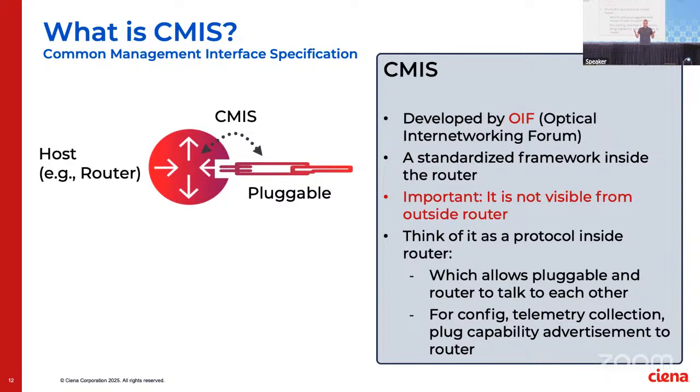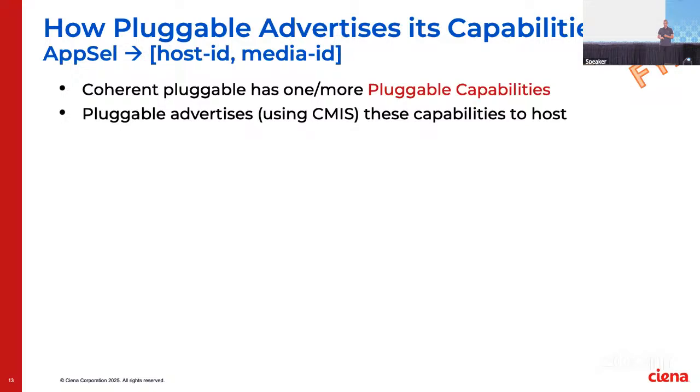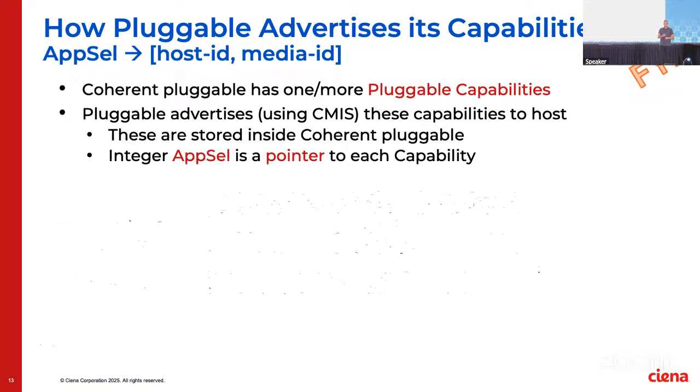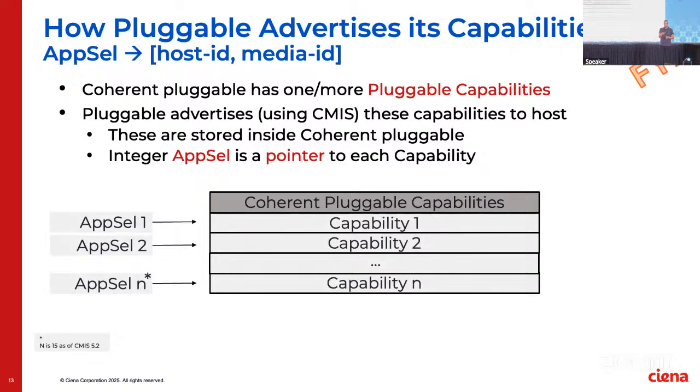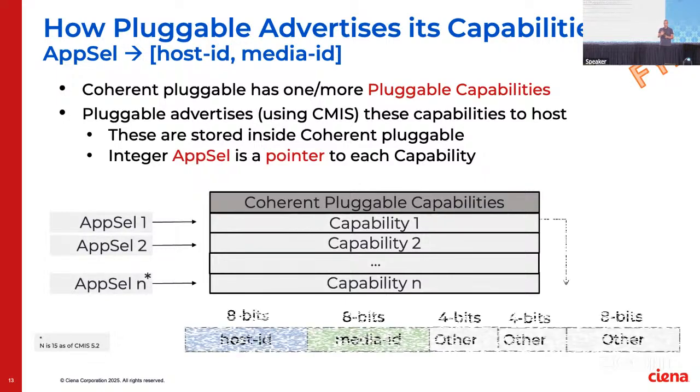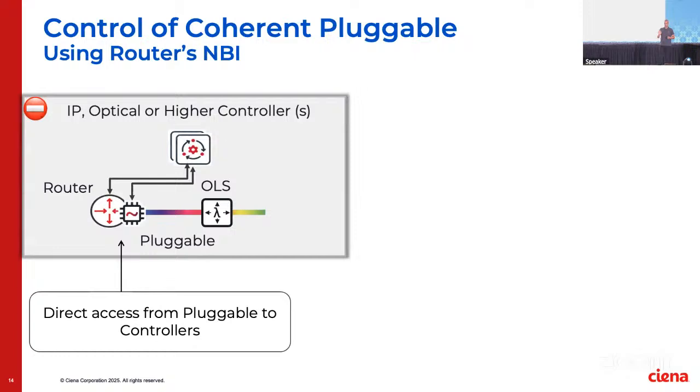But at the end of the day, this is not visible from outside the router. I cannot go and say, okay, change CMIS of something to something else from the northbound of the router. That is just an internal communication channel between the router and pluggables. I'm going to skip this one, but if somebody is interested to know, I'm going to skip it because it doesn't change our discussion.